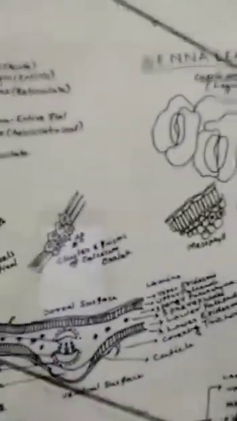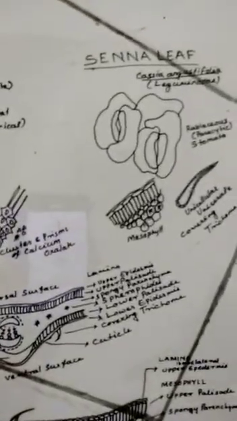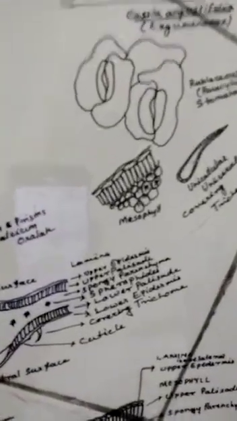Apart from these, we can find the calcium oxalate crystals isolated or present in the parenchymatous cells, very abundant, prism shaped, and also you can find the presence of cluster shaped crystals in various parenchymatous cells in the midrib as well as the lamina region.